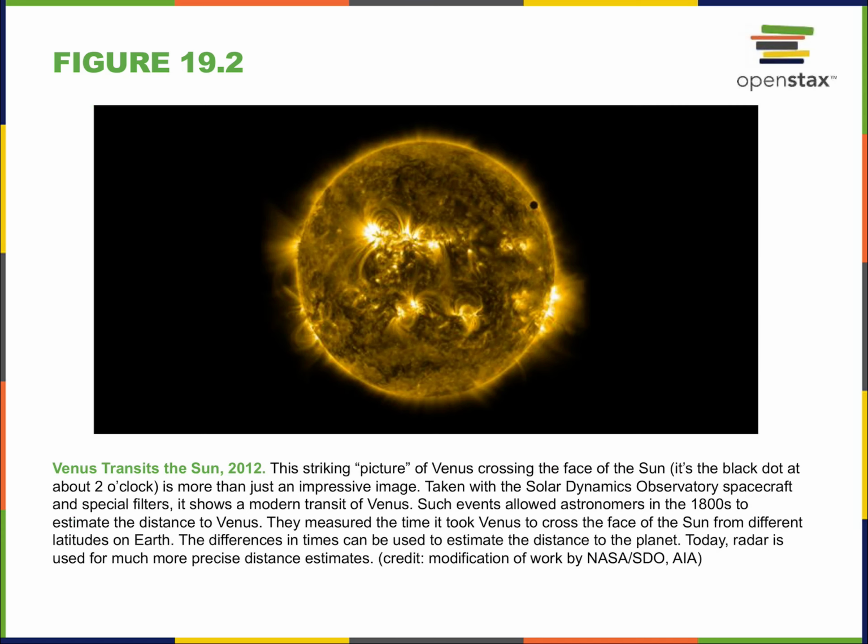Okay, so distances in general start in the early 1800s with observing the transit of Venus across the sun.